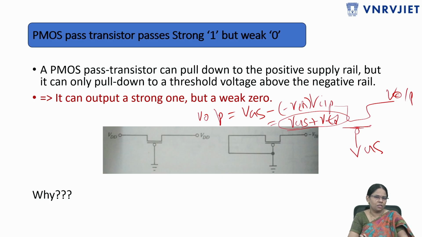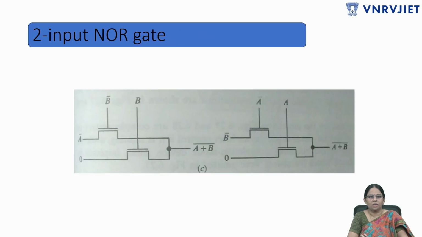So let us see how we can implement logic gates or any logic circuit using pass transistor logic. Let us see at least the universal logic gates, NOR and NAND. Let us take a 2 input NOR gate.